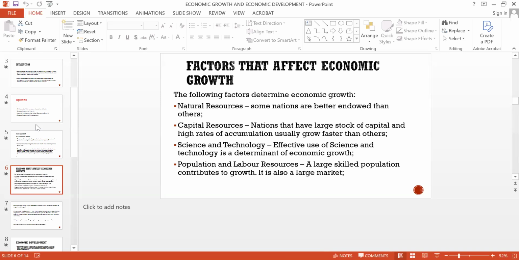These are the indices of economic growth. But the question we want to ask is, does natural resources translate automatically into development or into growth? There are countries that have these large natural resources but are very poor.